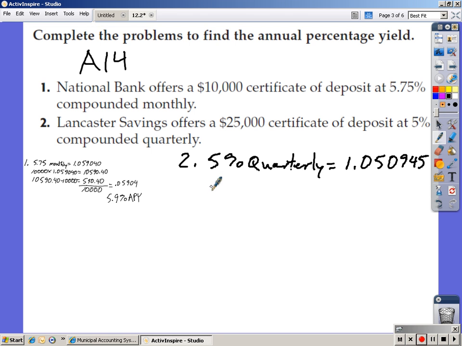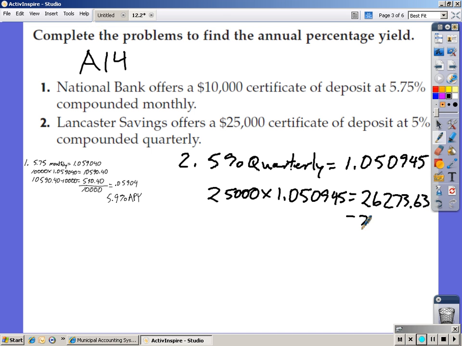Multiply 25,000 times 1.050945. You get 26,273.63. Okay.